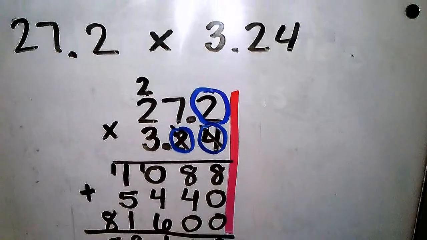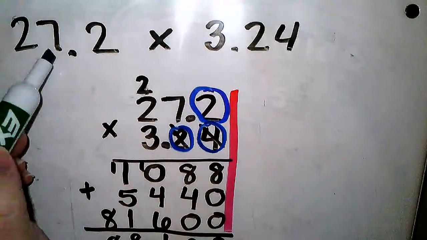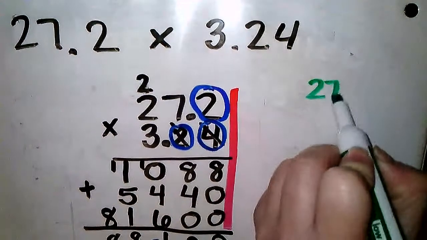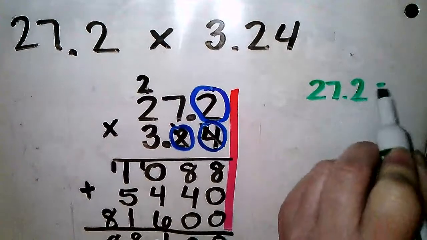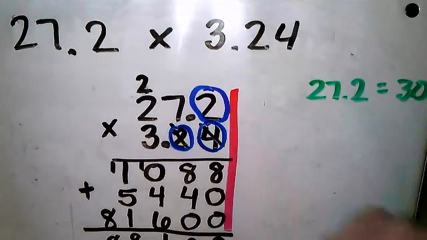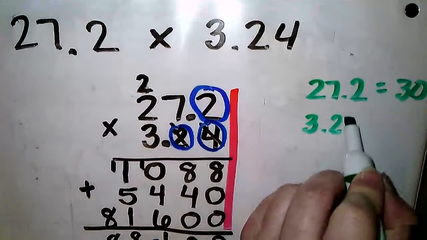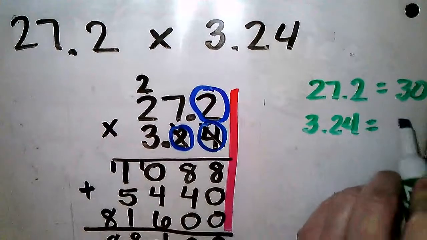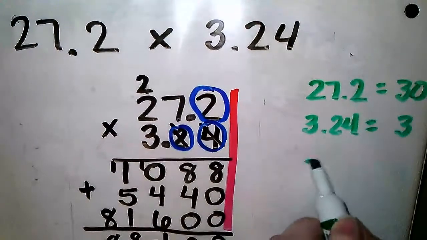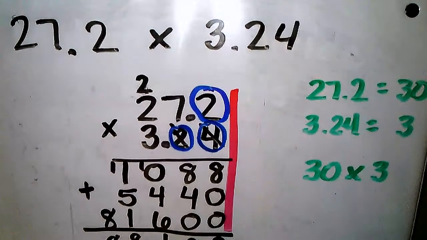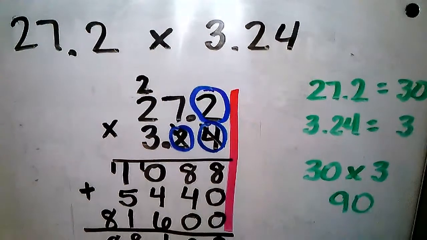Another strategy that we've talked about in class is making an estimate before you multiply. If I go back to my original problem, which was 27.2, I could round that to 30. And 3.24, I could round that to 3. And I could make the problem be 30 times 3. Well, I know that 30 times 3 is 90.